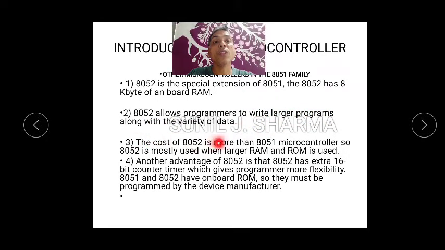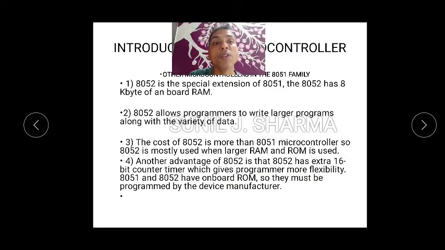The cost of 8052 is definitely more than 8051, so the 8052 is used when large RAM and ROM are needed. Another advantage of 8052 is that it has an extra 16-bit timer, which gives the programmer more flexibility. So I think 8052 is more advanced than 8051.